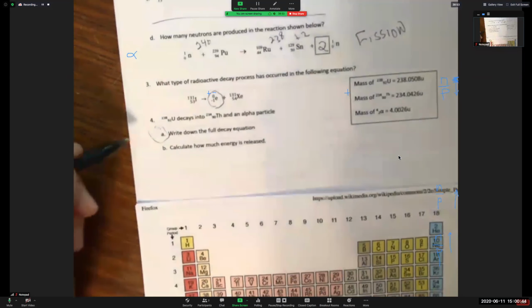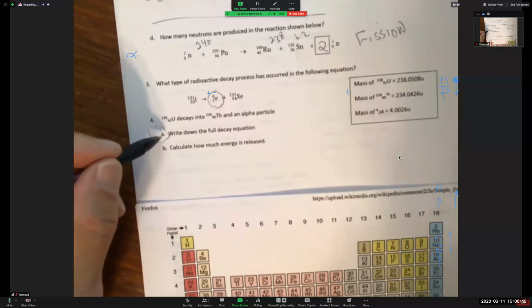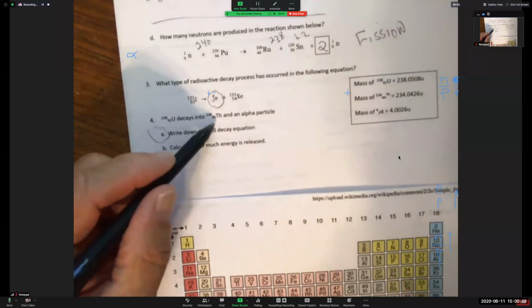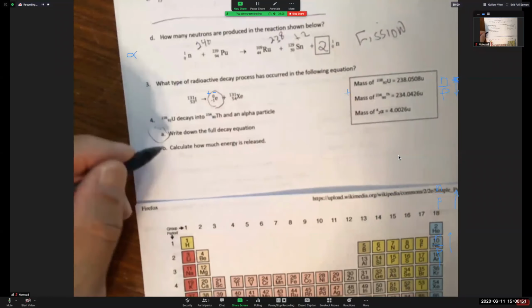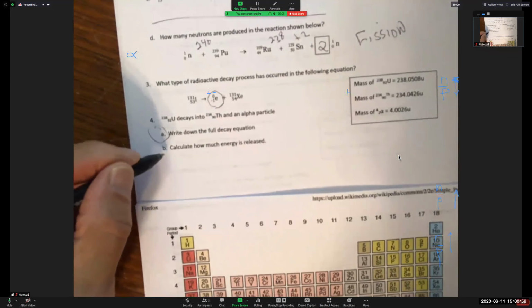So I'm going to add up U-238 decays into thorium and alpha. So remember, we're looking for the mass defect, or the mass difference between the reactant and the product.